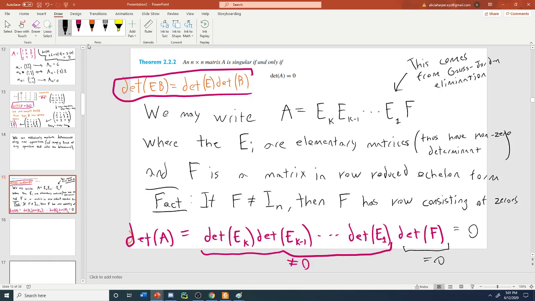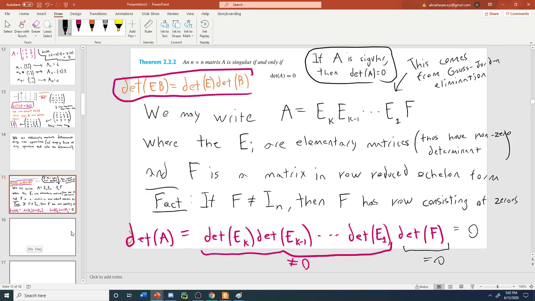So this shows that if A is singular, then the determinant of A is equal to 0. We've now proven half of this theorem, but the theorem has another half as well: if A is not singular, then the determinant should not be 0.